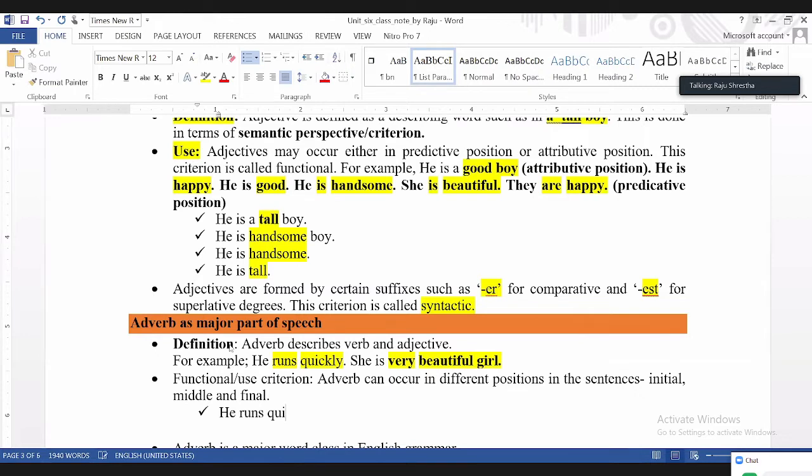This quickly is an adverb used to modify the meaning of the verb, and it is in sentence final position.